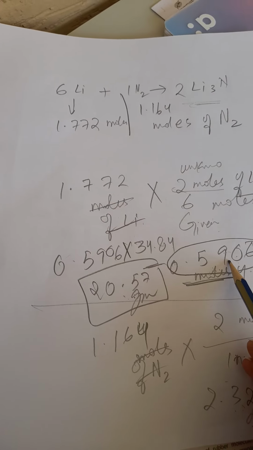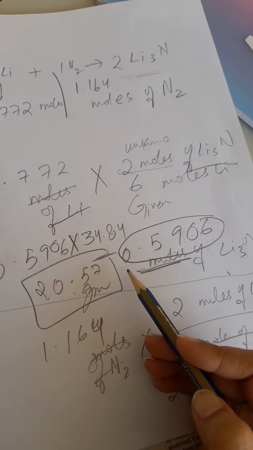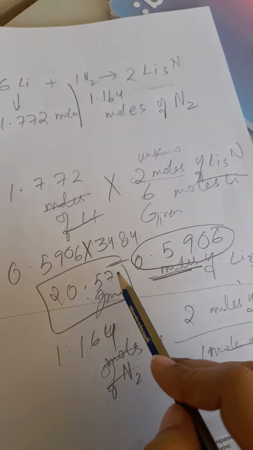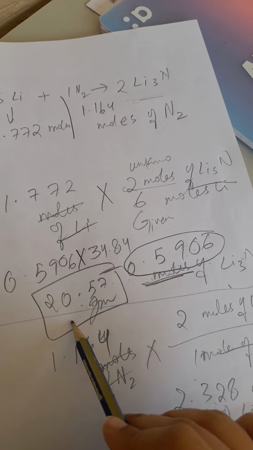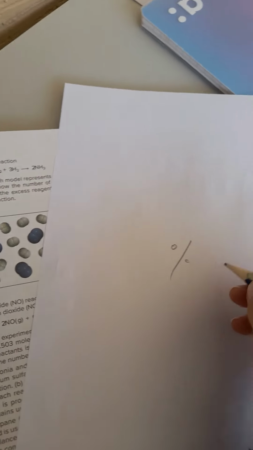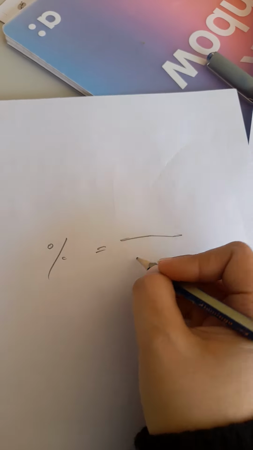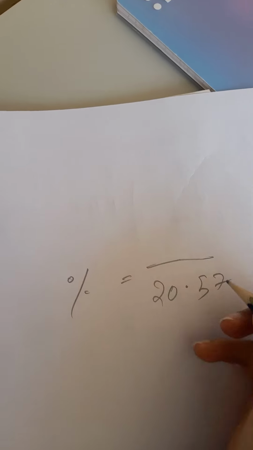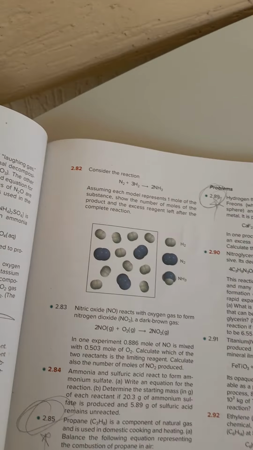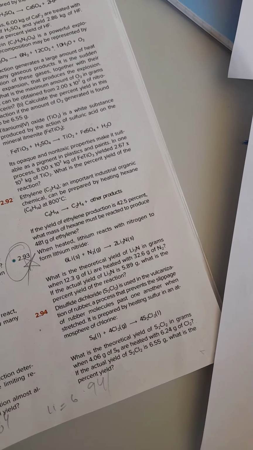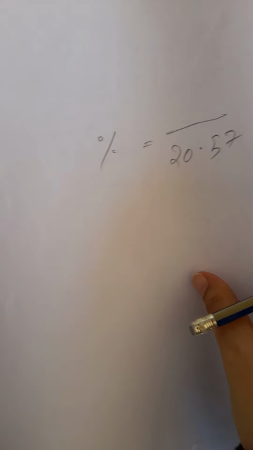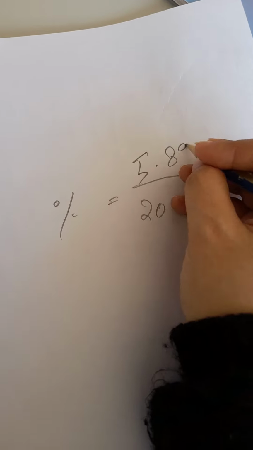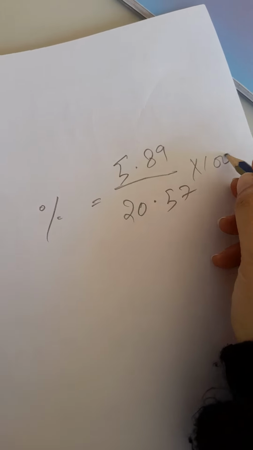So I use 0.5906 and I just multiply with the molar mass of the product Li3N, which is 34.84, and I have 20.57 grams. Now the formula of percentage yield is actual divided by theoretical. I calculated 20.57. This is theoretical. Actual is given in the question already. Actual is 5.89 times 100.